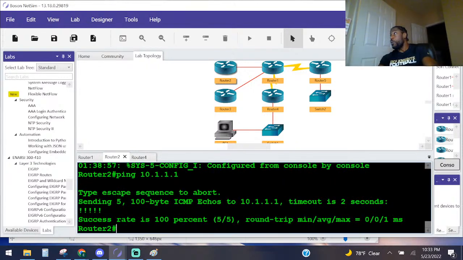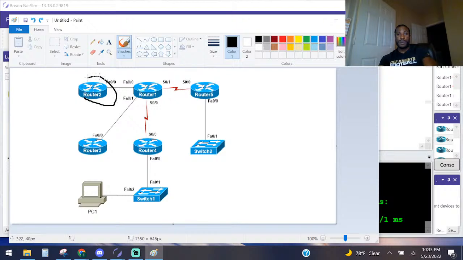And then he says, attempt to ping router 1's serial 0/0 interface. So now we're going to try to ping from this router. This right here worked, that FA0/0 interface. Now we're going to try to ping this interface over here from router 2.